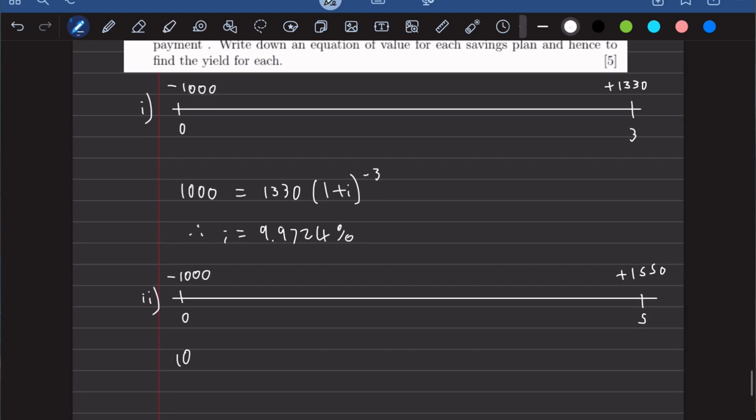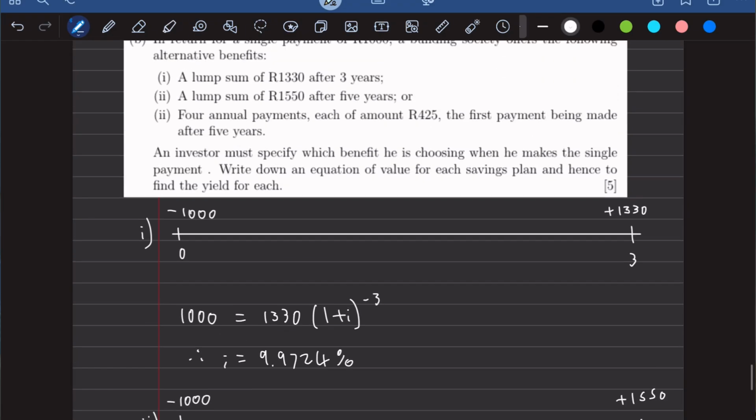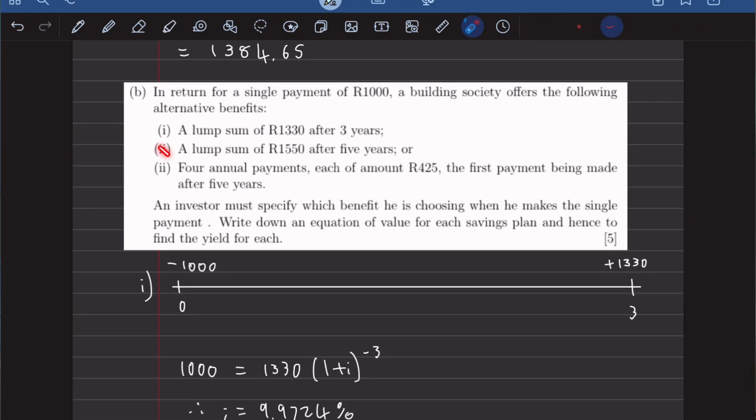So we just have to present value that and let it equal to 1,000. So 1,000 is going to be equal to 1,550 multiplied by 1 plus i to the power of negative 5. And therefore, if we solve this using our calculator, we're going to get i is 9.161%. Okay, another pretty easy one.